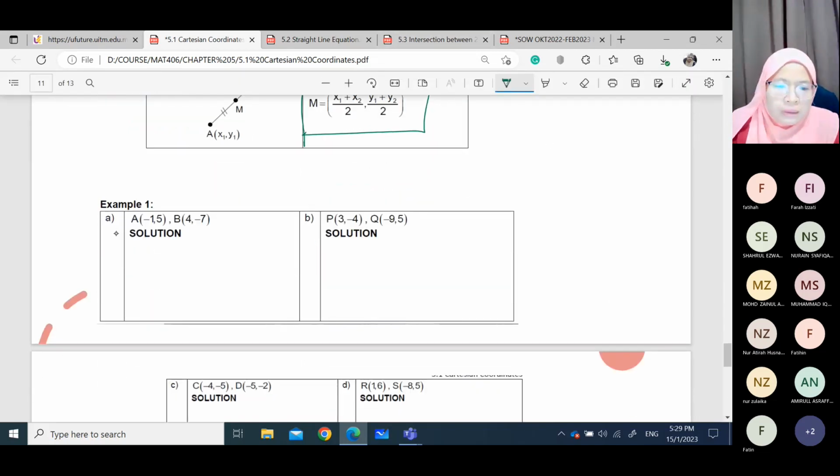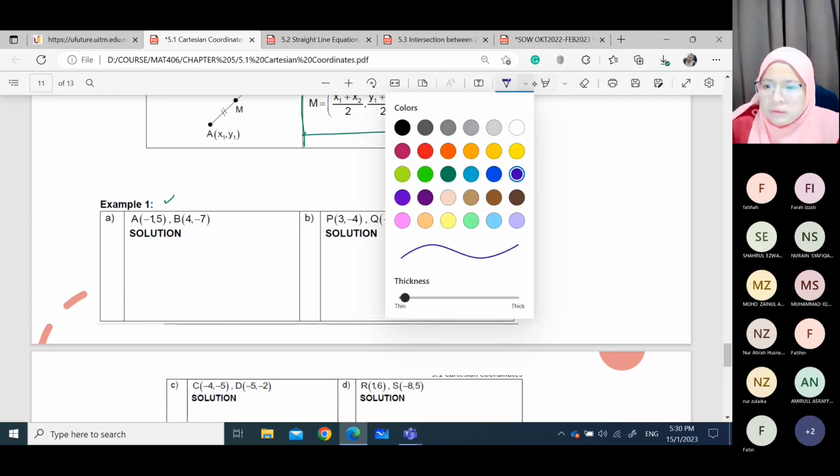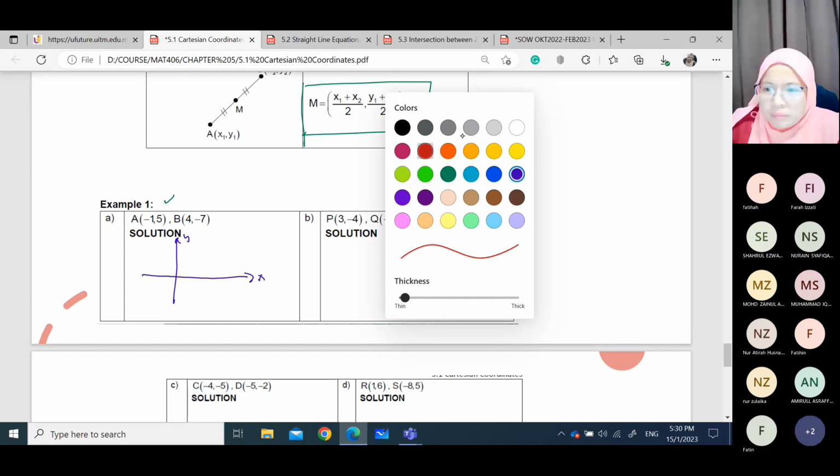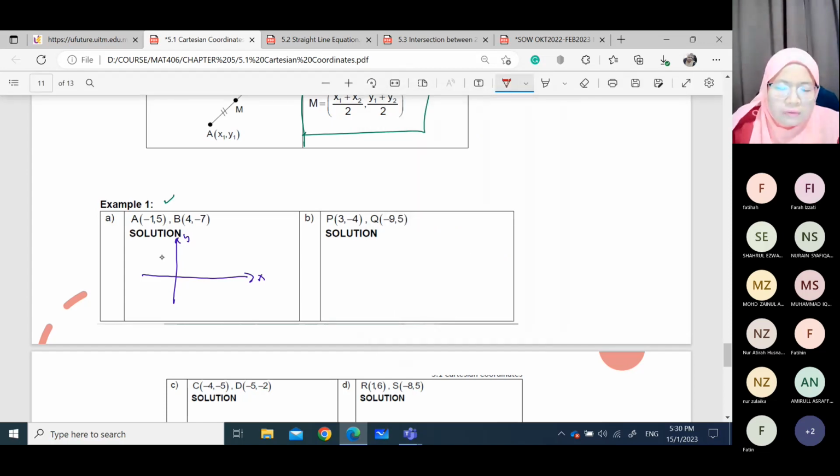Alright, so tengok ini. Example 1. So we have 2 points A and B. Okay, so A adalah negative 1, 5. I just sketch the graph. So kita ada X, Y. So point A pada negative 1, 5.